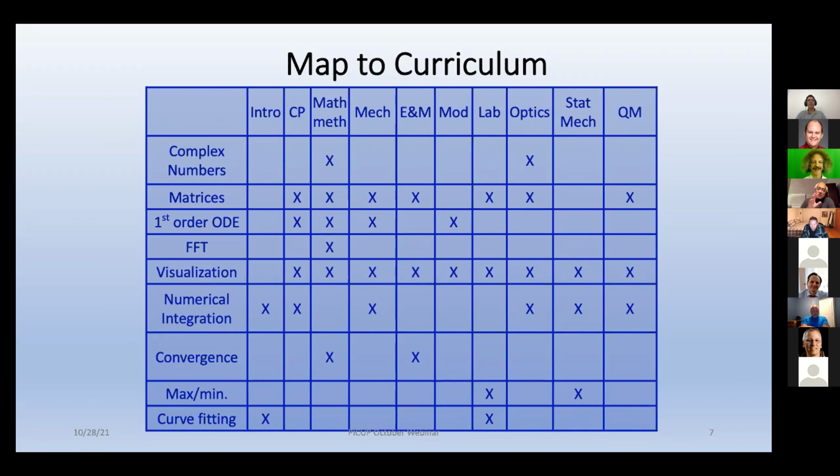But nonetheless, this was our attempt to capture the important computational methods, listed vertically, that we want our students to learn, and in what courses they appear, so that we can sequence things in a way that students see, for example, matrices and how to work with them, and how to do numerical integration early on, and then the subsequent courses would build on that. And then next slide, Andy.